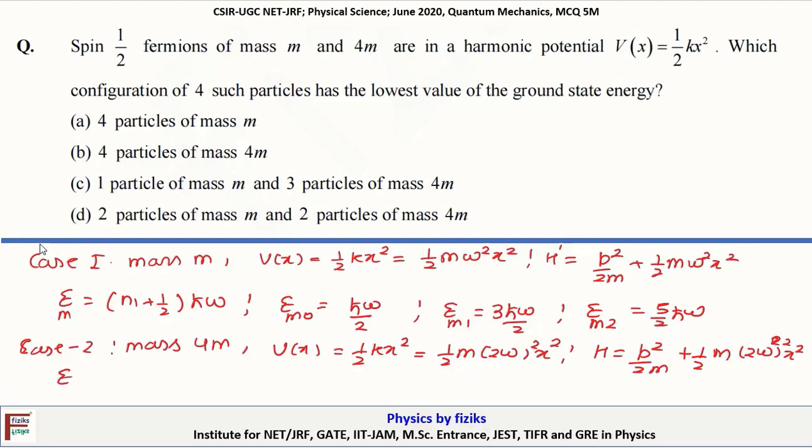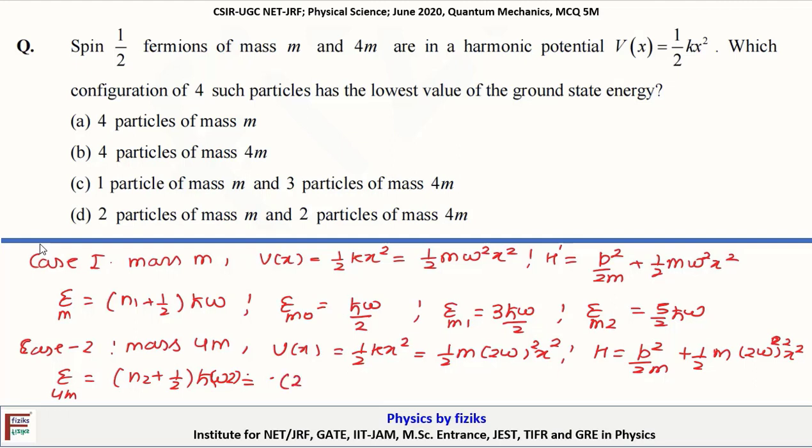The energy for the particle 4m would be (n2 plus 1 by 2) h cross 2 omega, not omega.